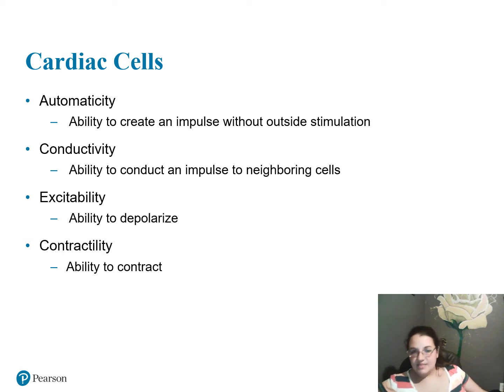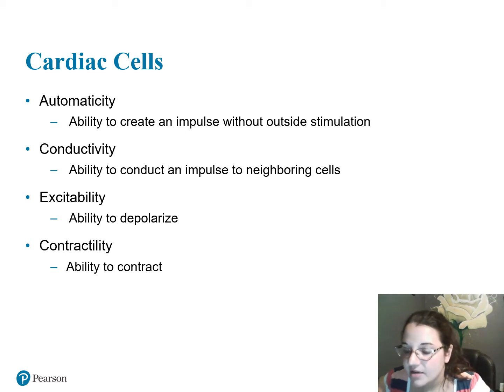So what kind of cardiac cells do we have? We have automaticity, conductivity, excitability, and contractility. Your automaticity is the ability to create an impulse without an outside stimulus. So the cells in my original pacemaker, my sinus node, are automatic. They initiate, they create that spark right there.